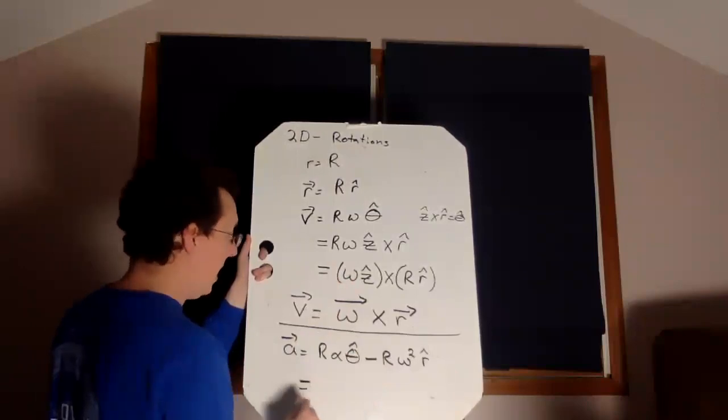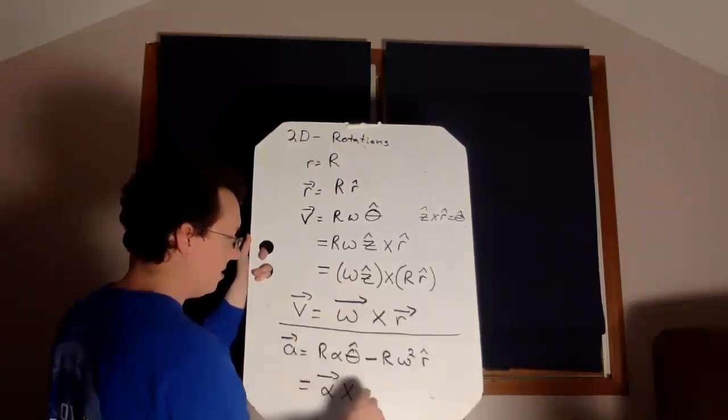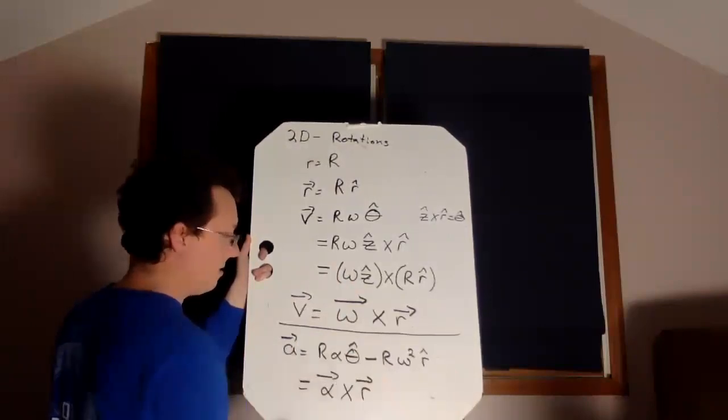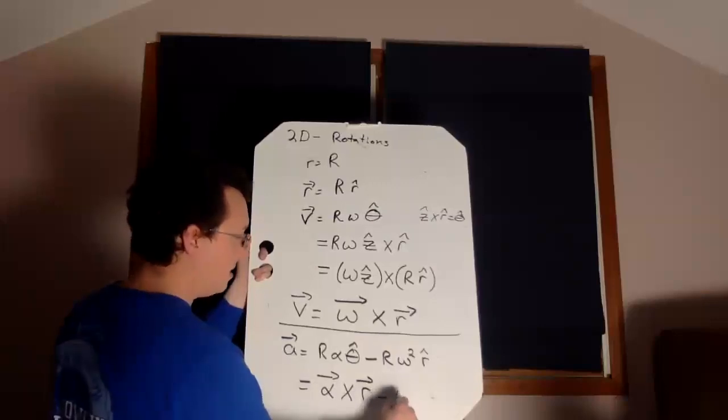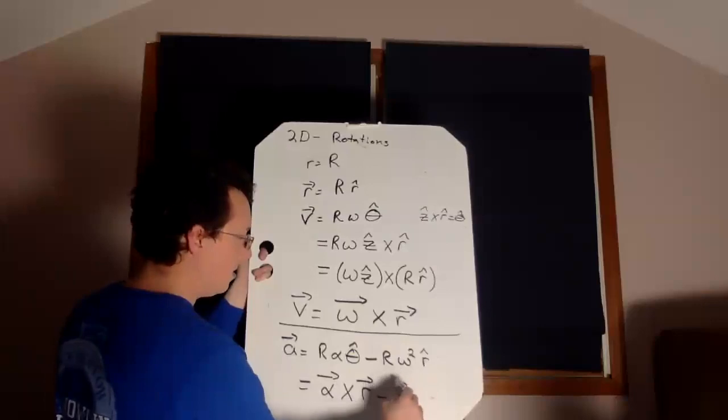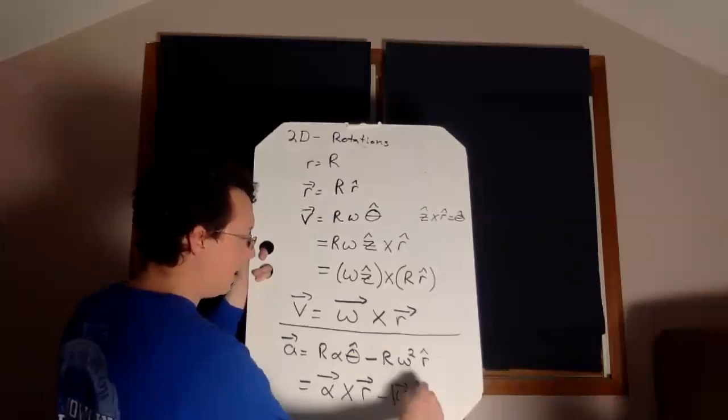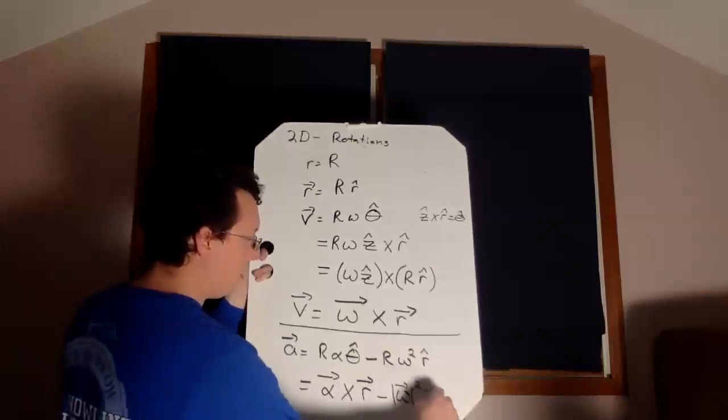And I can rewrite that, it turns out, as alpha vector cross r vector minus omega vector magnitude squared times r vector.